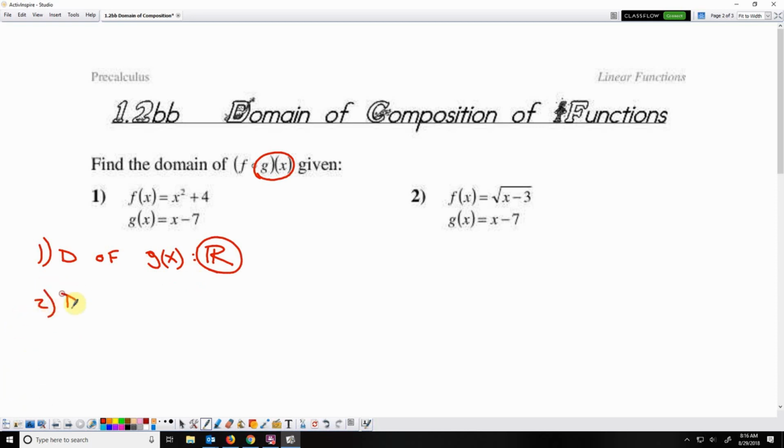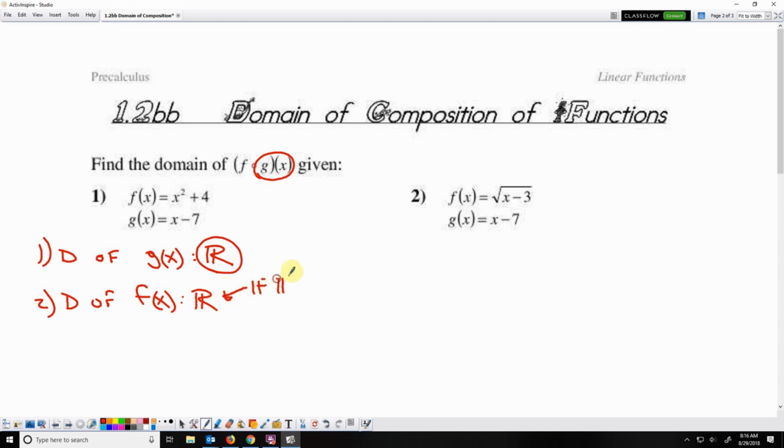Step 2, we're going to take the domain of the outer function. So the domain of f of x. And once again, I do not have a variable in a denominator or a radical. So the domain of f of x is all real numbers. Now this right here tells me whether I need a step 3 or I stop at step 2.